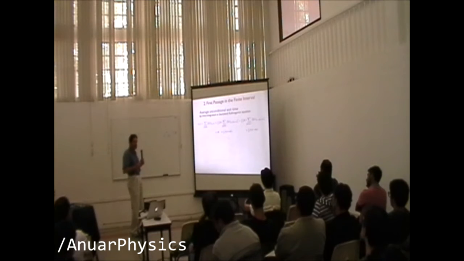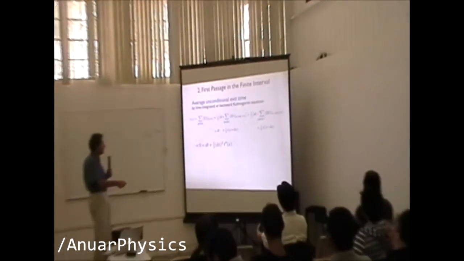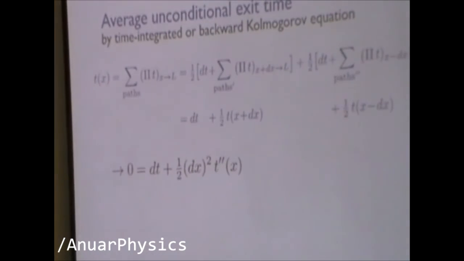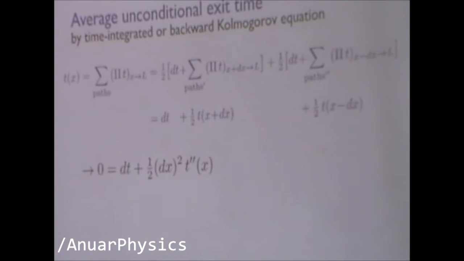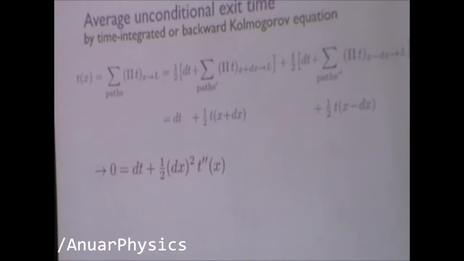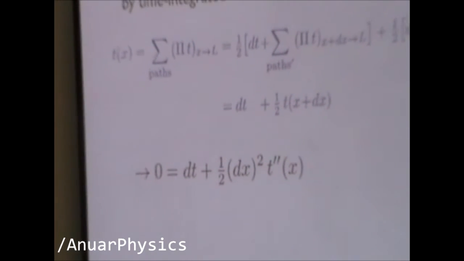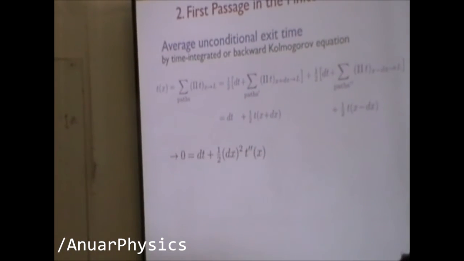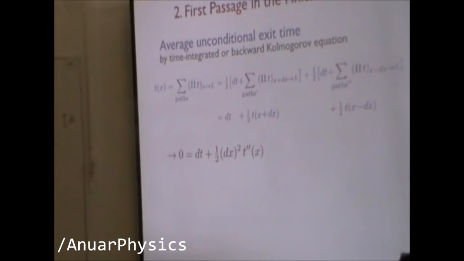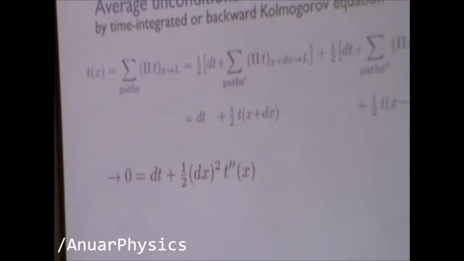And once again, I just do Taylor series expansion to second order in dx, and one gets a very simple equation for the exit time that looks something like this. And now here comes a little bit of a subtle feature, which is that you see there are these quantities dt and dx squared. To go to the continuum limit, what I'm going to need to do is take the limit dt going to 0, dx going to 0.